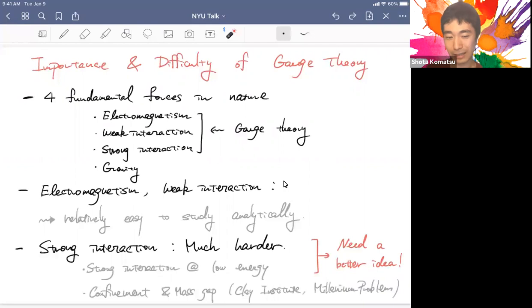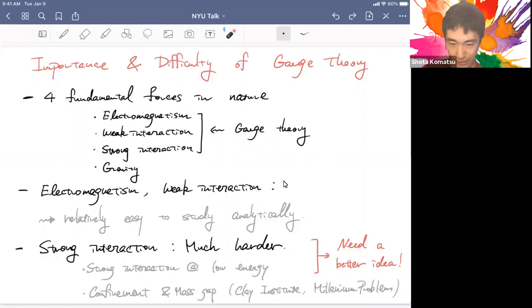But still, we cannot compute many properties of the proton, such as the size or mass of the proton, from first principles. I should also add that confinement and the mass gap is a Millennium Problem of the Clay Institute.